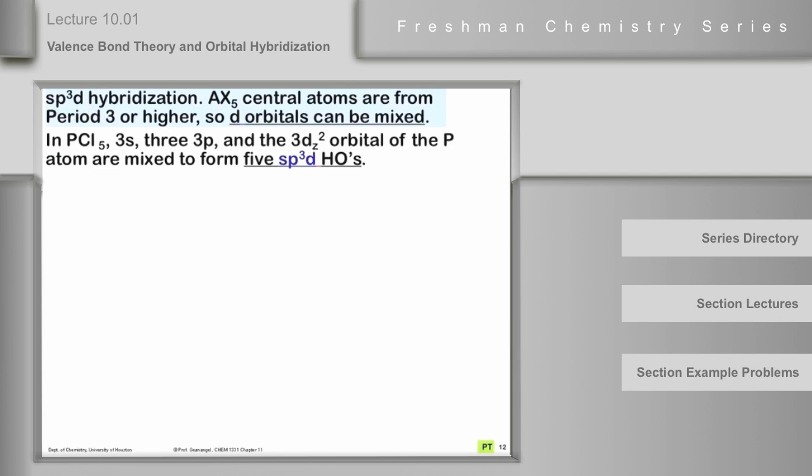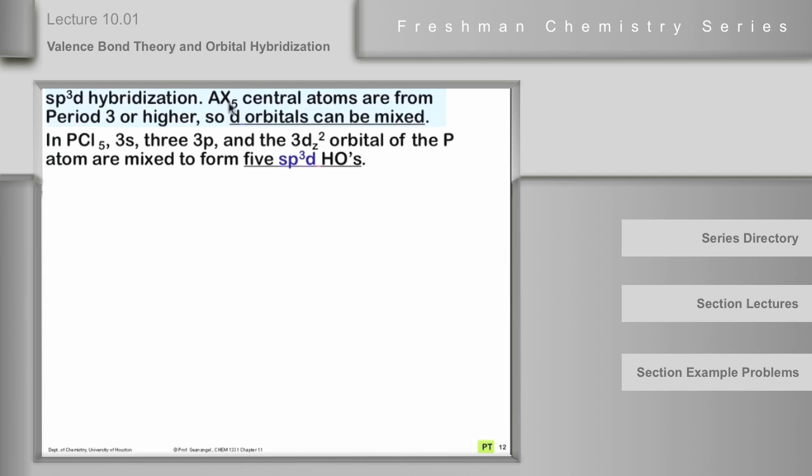Okay? So if we look at a molecule that we've looked at before, PCl5, we can make 5 hybrid orbitals to accommodate the chlorines, which we know to be in what shape? In PCl5, AX5. What shape is that? Trigonal bipyramidal. Good, good.